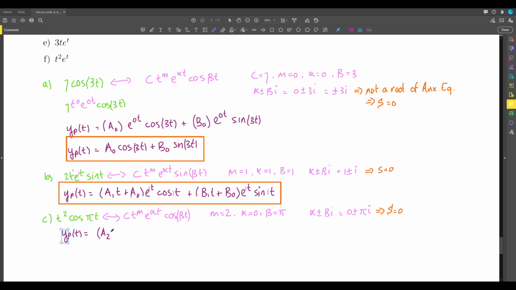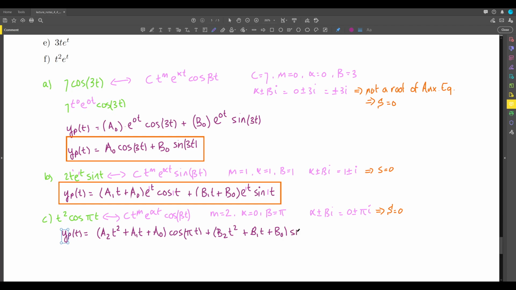So we have a sub 2 t squared plus a1 t plus a naught. And then it's e to the power 0 t, but that disappears. And so we have cosine pi t. And then the second part, again, m is 2, so we have to have a general polynomial of degree 2, b2 t squared plus b1 t plus b naught.